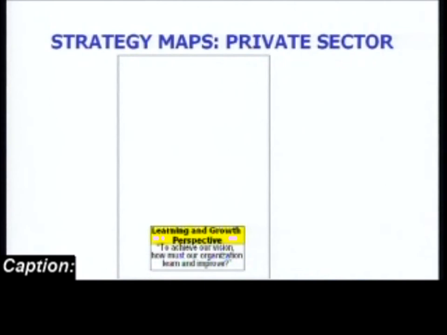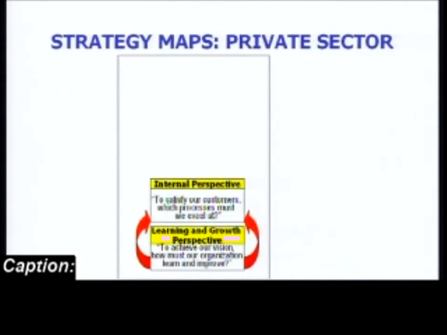The learning and growth perspective says to achieve our vision, how must our organisation learn and improve? This feeds into the internal perspective. To satisfy our customers, which processes must we excel at?